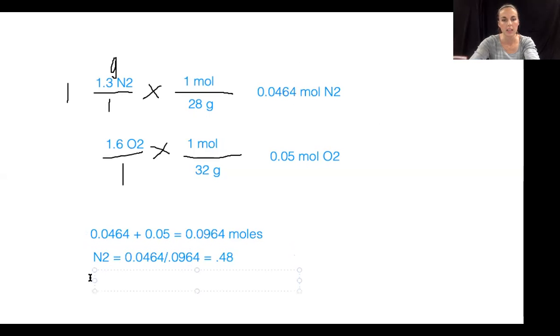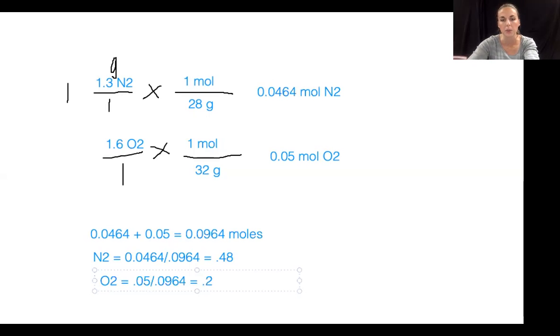All right, then we're going to do the same thing for O2. You're going to do 0.05 divided by the total number, 0.0964. And let's see, you get 0.51.